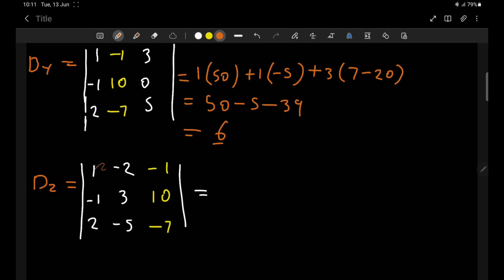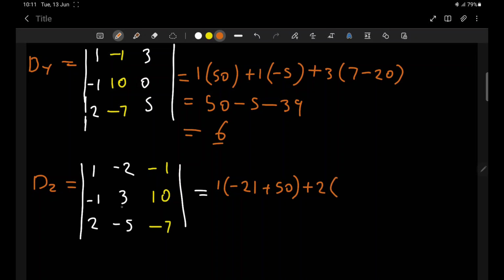So we start with 1, then we hold 1, so this column and this row. So we have 3 by negative 7, that's negative 21, minus, then negative 5 by 10 will be negative 50, so it will be a positive 50 like that. Then we have negative 2, so it will be positive 2 here.